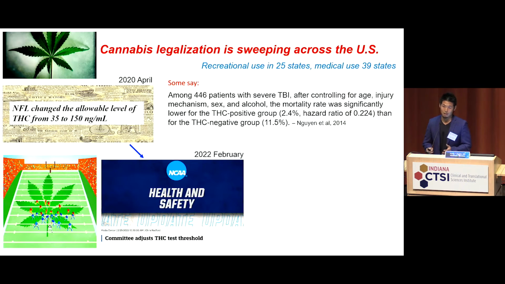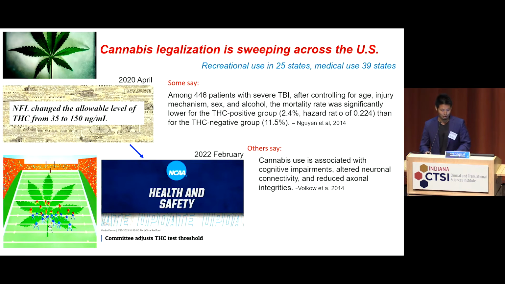And science is divided. Some say, among 440 patients with severe TBI at a trauma center, after controlling for many of the key factors, the mortality rate was significantly lower for the THC positive patients, 2.5%, compared to THC negative. So the smokers did not die as much as non-smokers. But others say cannabis use is associated with cognitive impairment, psychosis development, reduced axonal integrity.